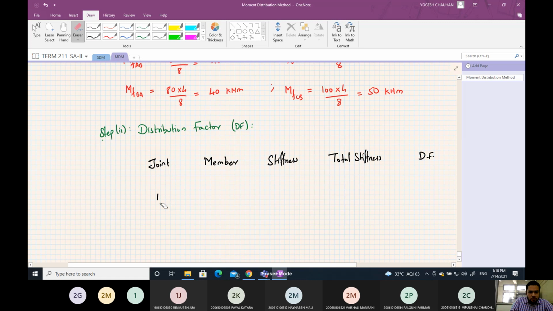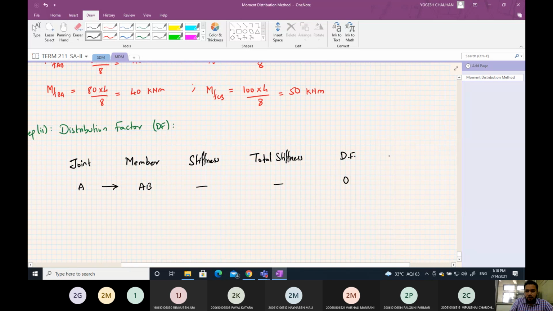So joint A is connected to member AB. The stiffness of that member is 0. The distribution factor of that will be 0. Here you can add a column remark, wherein you can mention it is a fixed support.